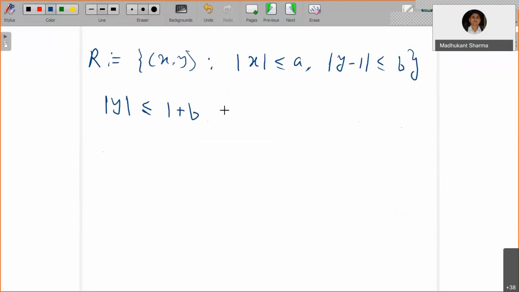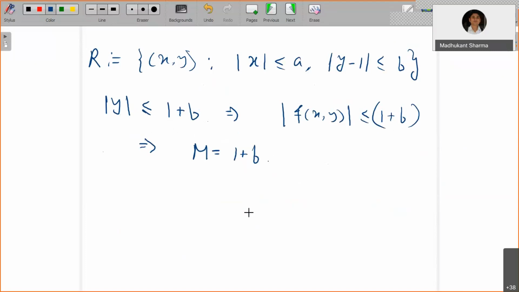So this implies mod of f of x comma y is less than or equal to 1 plus b. It can take the equality sign for 1 plus b, so I can certainly say M equals 1 plus b.